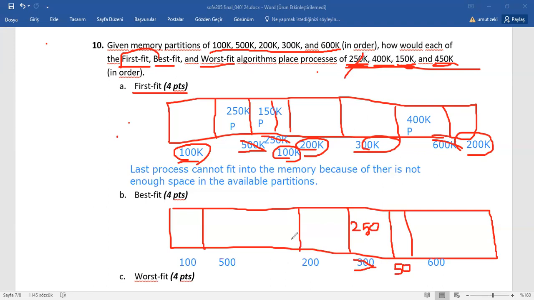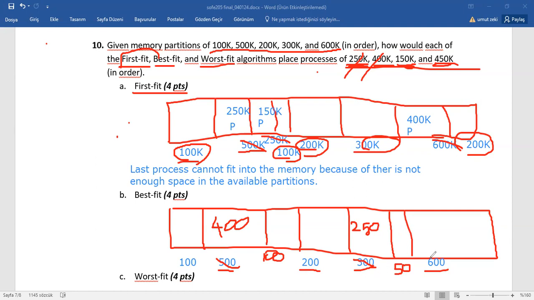The second one is 400. This one cannot fit, this one can fit, but let's check the others.